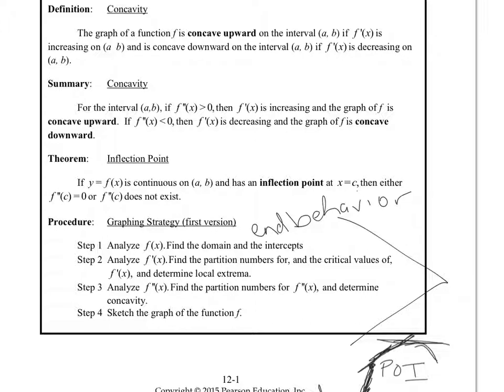If I'm talking about sales, obviously, I'm not going to have a negative number of items that I sell. So I would have to check the context of the problem as well to decide if my domain has some sort of restriction. And we said last time if it's easy to find the x-intercepts, I would do that. Oftentimes it's not that easy to find the x-intercepts.